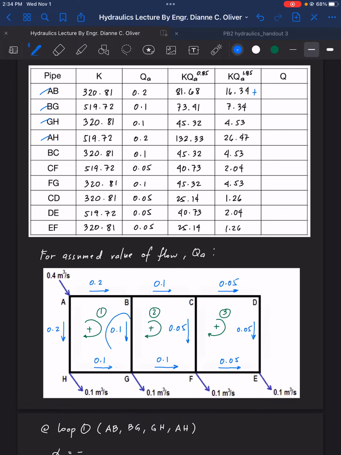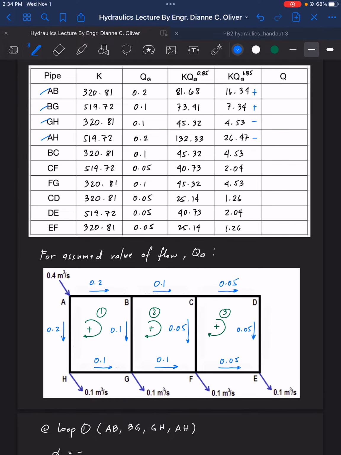The flow of BG is also clockwise, positive. The flow of GH is opposite, counterclockwise, negative. And AH is also counterclockwise, therefore negative.